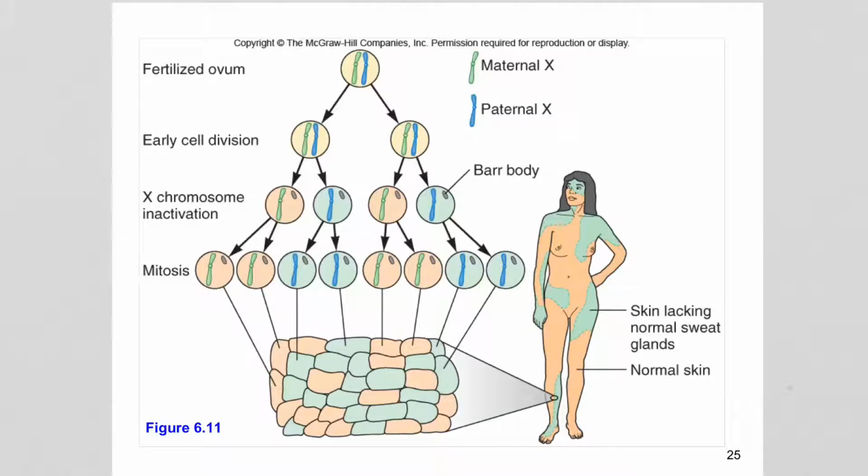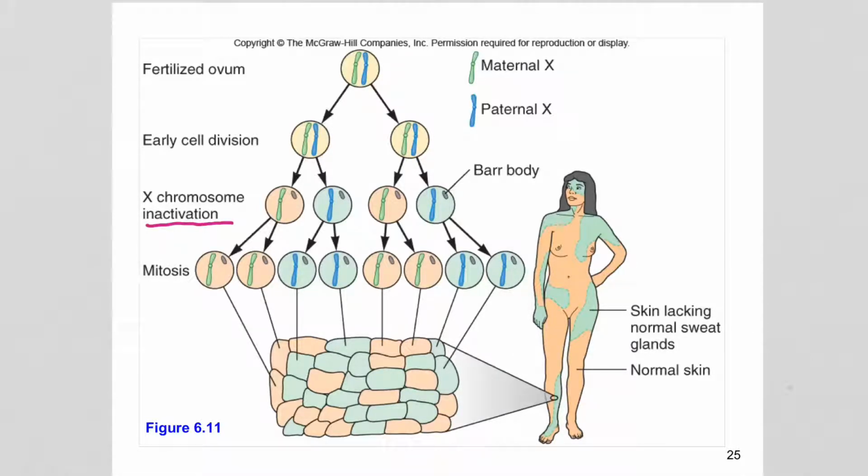And what you can see is that early on, this row of cells where X chromosome inactivation actually starts to progress, each of these cells are random with regards to which copy of the X is passed on to the next generation of cells.